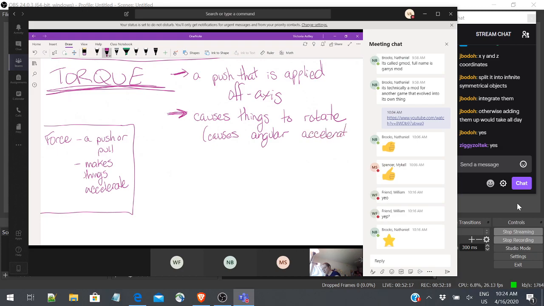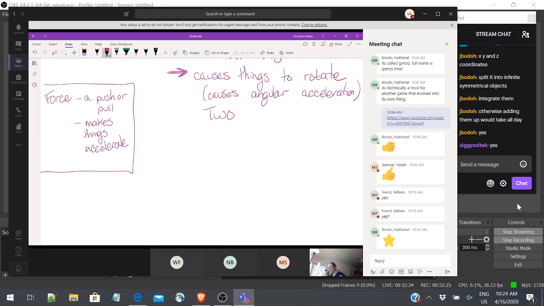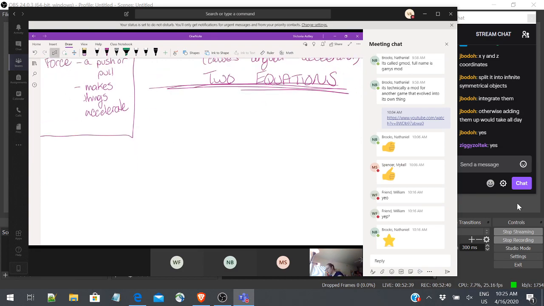So there are two equations for torque. And this is where a lot of students get kind of mixed up. It's not like one is right and one is wrong. It's not like you use one of them sometimes and the other times. There are two different ways to look at it. So we have torque. I'm going to do the simplified version.